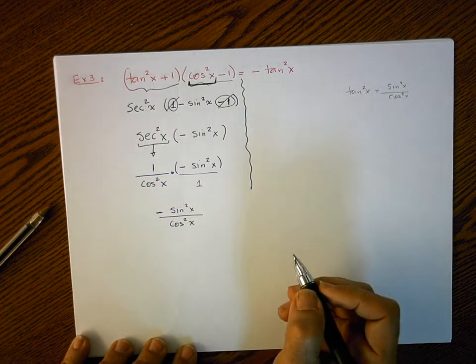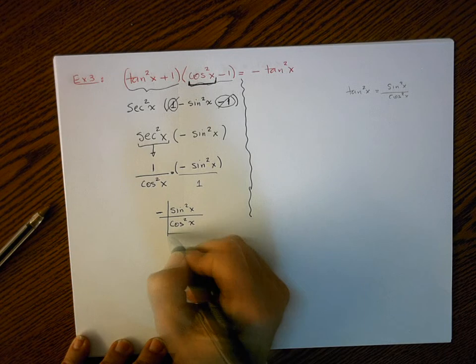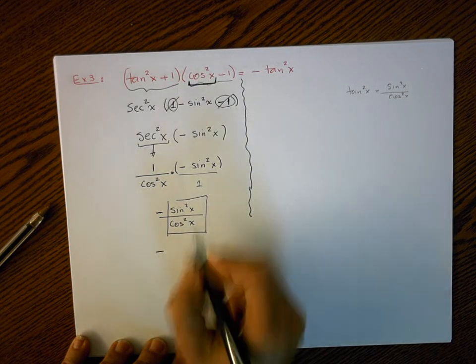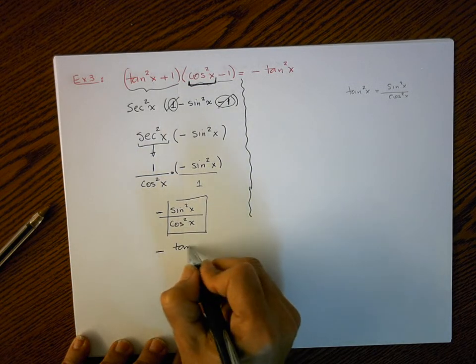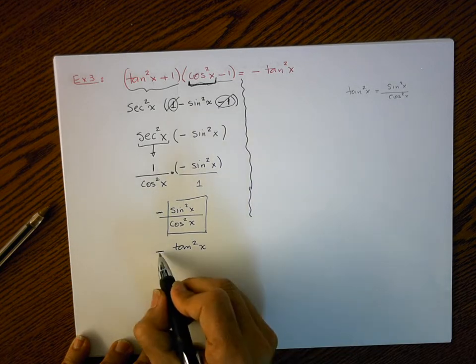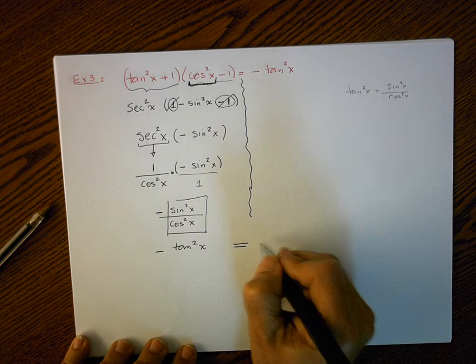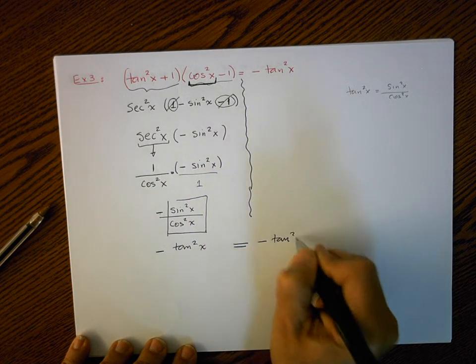So there we go, I see it. This is the tangent squared of x, and the negative survived from this negative over here. It does equal my negative tangent squared of x.